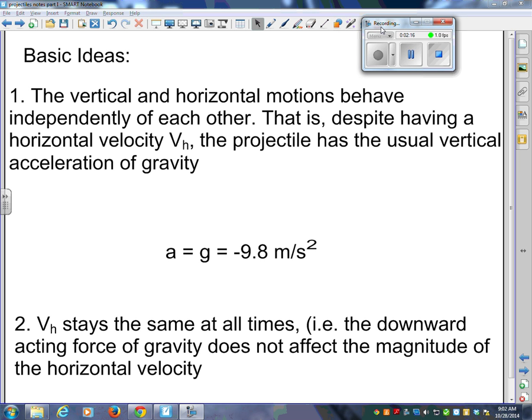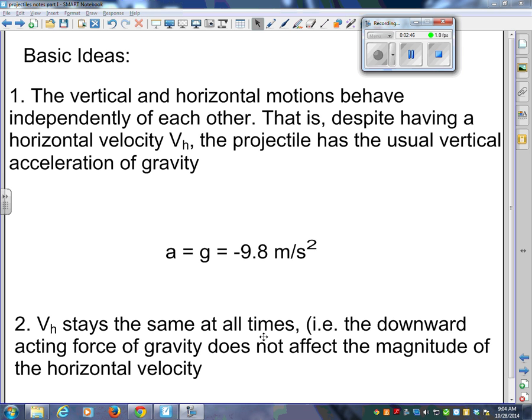So, despite having a horizontal velocity, VH, the projectile has the usual vertical acceleration of gravity, which of course is minus 9.8. And I'll let you get that down. Number one is the vertical and horizontal motions are independent. Number two, VH stays the same at all times. If there's a second statement that's important, that's it. I.e., the downward acting force of gravity does not affect the magnitude of the horizontal velocity.